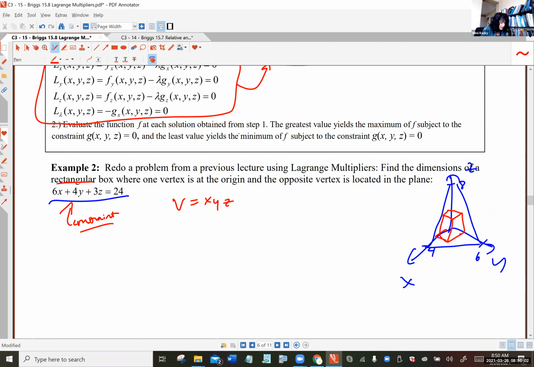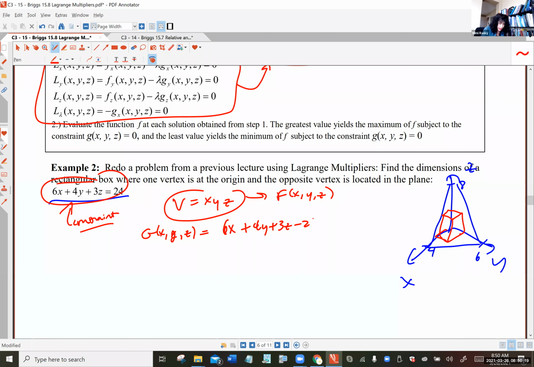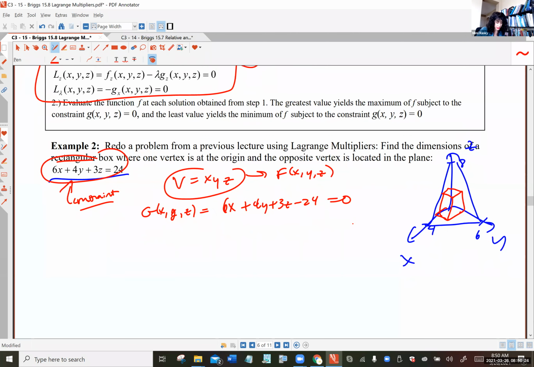So here in example 2, this right here is your big F. This is the function that we're going to optimize, in this case, maximize. So your big G, if I rearrange this so that it's everything on one side and 0 on the other, is going to look like this: 6x plus 4y plus 3z minus 24 equals 0.